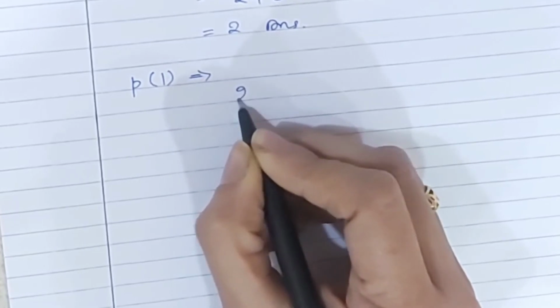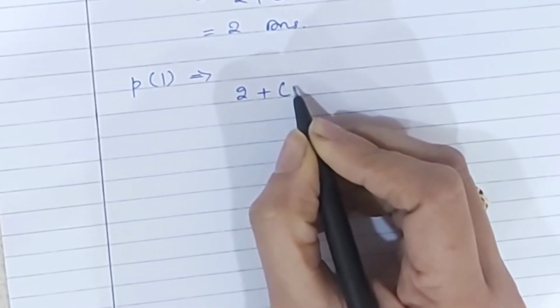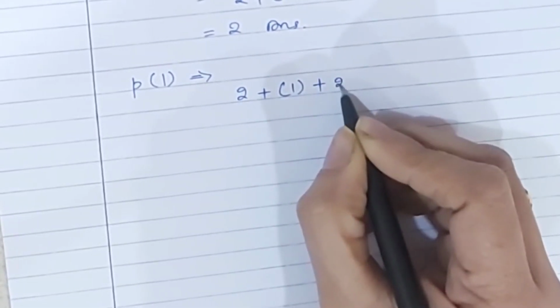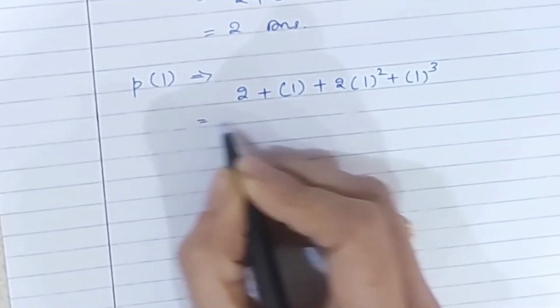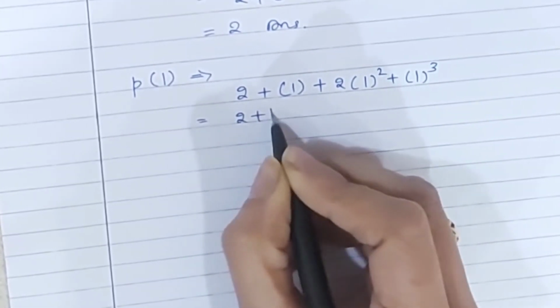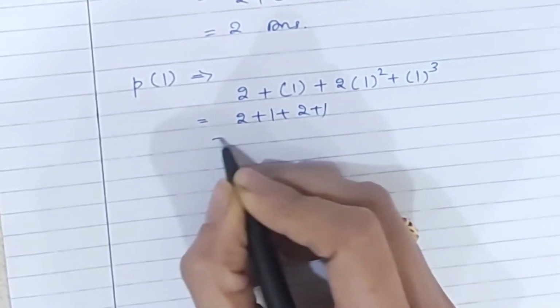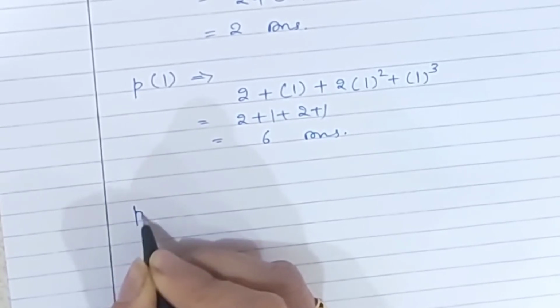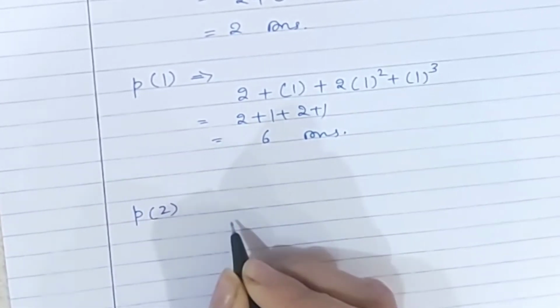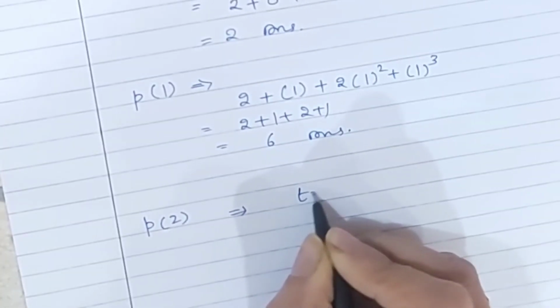Then we'll put the value of t as 1 in the polynomial and we'll get 6 as the answer. Now if we have to find it for 2, then we'll put t is equal to 2.